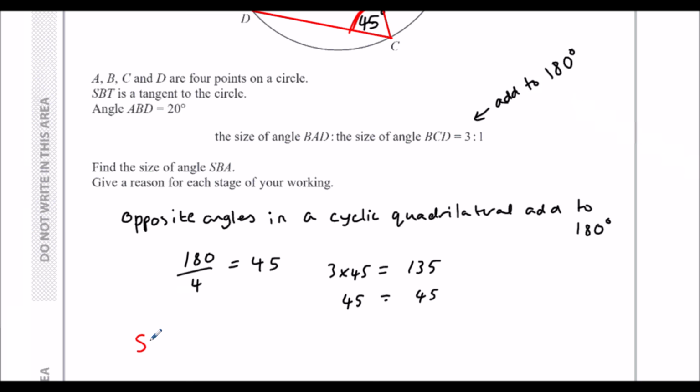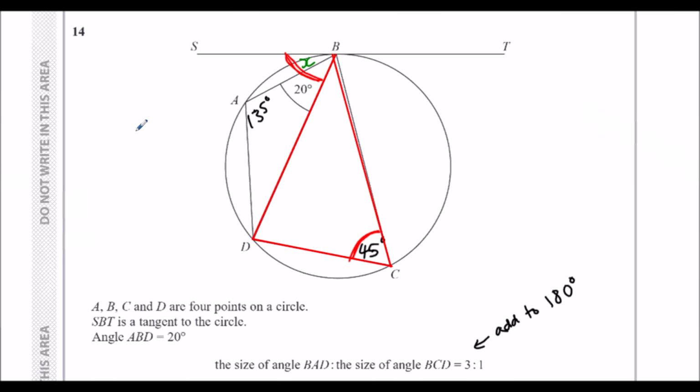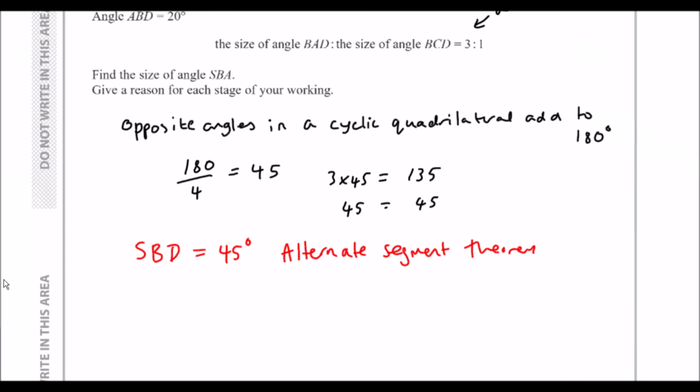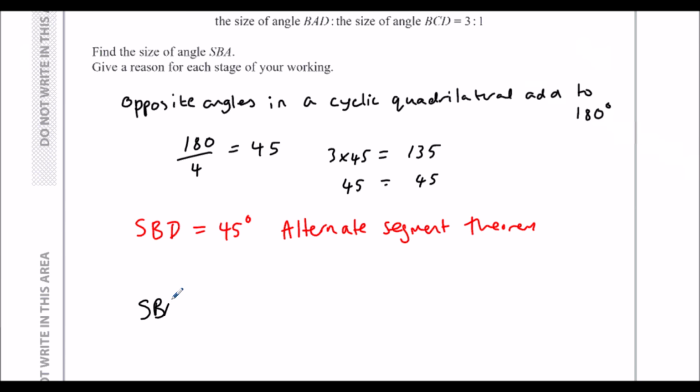So I can say SBD equals 45 degrees because of the alternate segment theorem. So angle X is 45 take away 20. So SBA is 45 take away 20, which is 25 degrees.